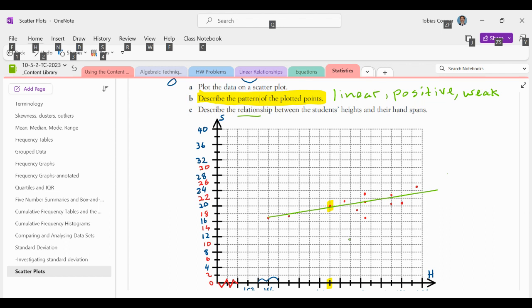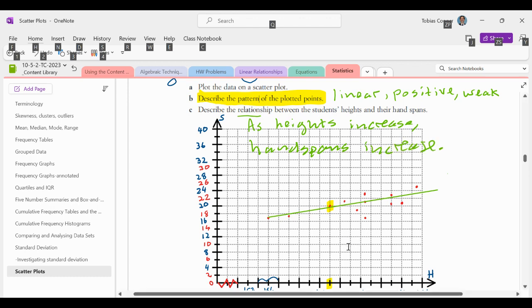So we could say from the data that in words, as the heights increase, the handspans increase.